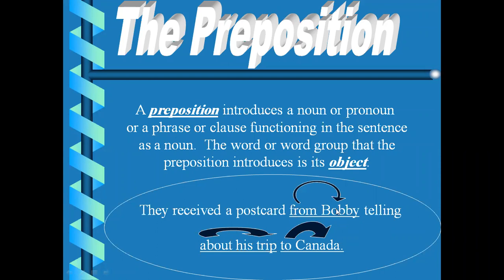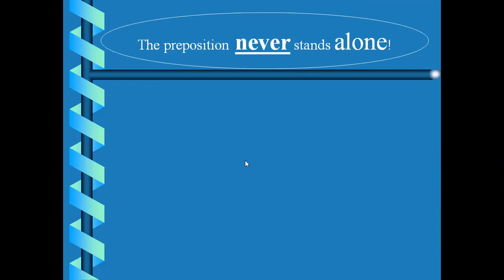Okay, here, from Bobby, from is a preposition, Bobby is an object, and from Bobby is a prepositional phrase. About his trip to Canada, about is a preposition, his trip is an object. Also to Canada, to is a preposition, and Canada is an object, and to Canada is a prepositional phrase.